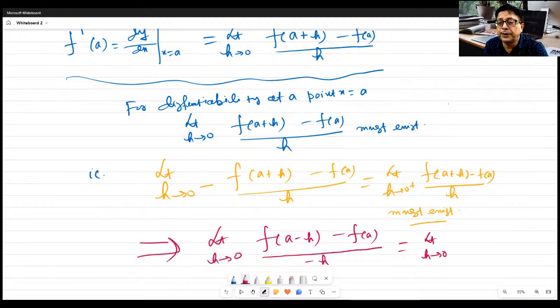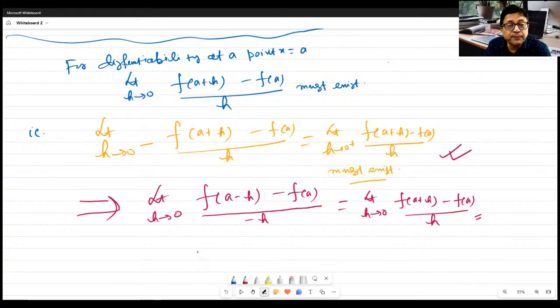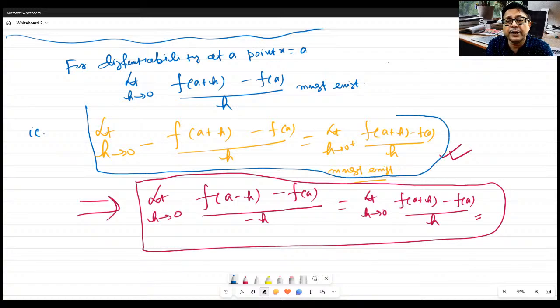You are not wrong if you use this one or this one, f of a plus h minus f a by h. So keep this in mind for differentiability at x equal to a. We need to check this one or that method, whichever is convenient for you. Okay?